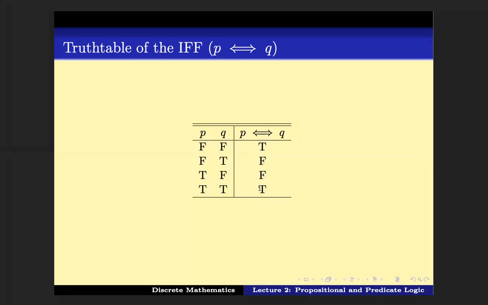Then there is also the if and only if statement, and I don't want to go into it so much. This basically means that P implies Q and Q implies P. It's a composition of connectives, connectives of connectives, and we have this kind of truth table.